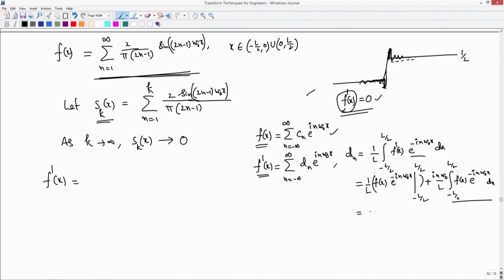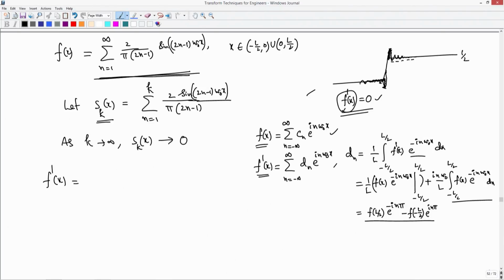We will see what it is: f at L/2 and then e^(-i n ω0 L/2), where ω0 is 2π/L, times L/2. So L/2 goes, so i n π, e^(i n π). So, you have simply f(L/2) e^(i n π) minus f(-L/2) e^(i n π). So, this is what you have.